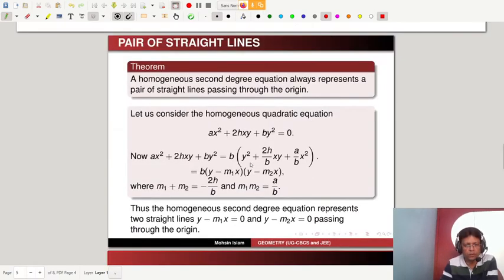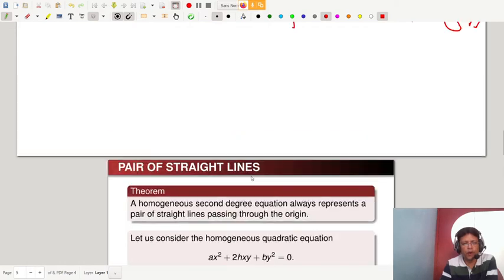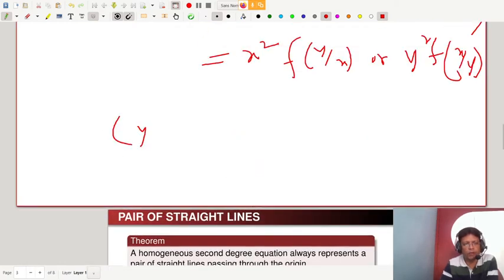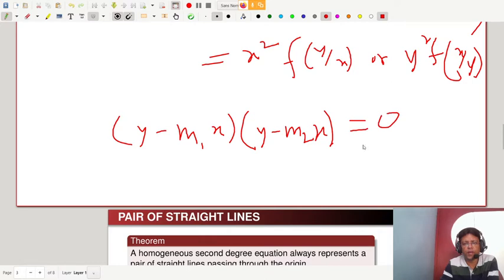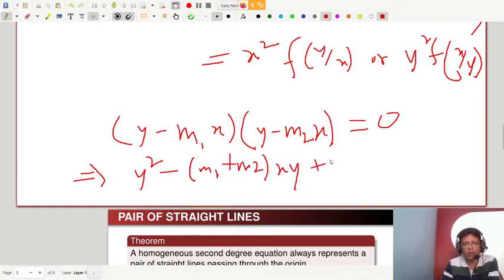So we'll prove that. If you write y minus m1x into y minus m2x, and expand, you can check that it is written as y squared minus (m1 plus m2) into xy plus m1 m2 into x squared.